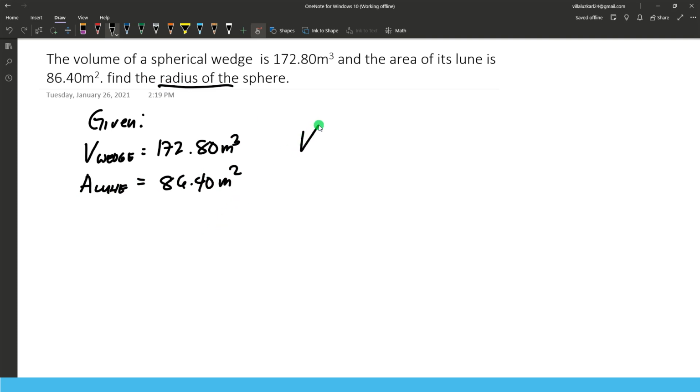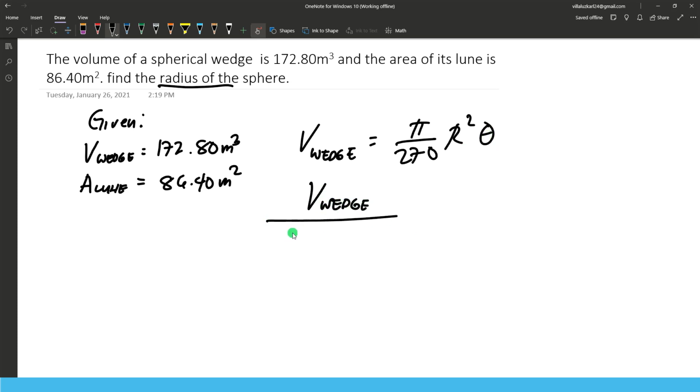Using the formula for the volume of the wedge, which equals pi over 270 r cubed theta, where theta should be in degrees, we can determine theta by dividing the volume of the wedge by pi r cubed over 270.